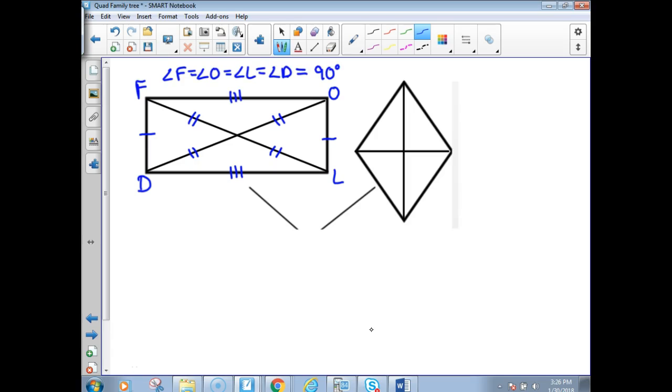Now, something important, the diagonals do not bisect angles, but these 4 angles here are congruent to one another. So that one up at the tippy top, those little isosceles triangles, you have base angles that are congruent. And then on this side, these 4 angles are congruent to one another.